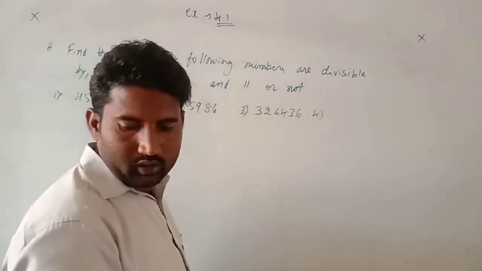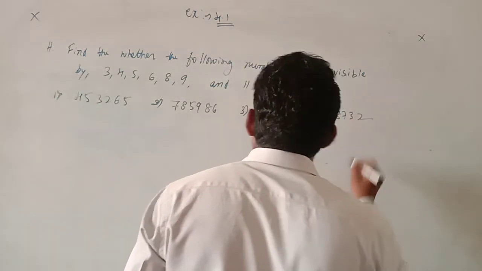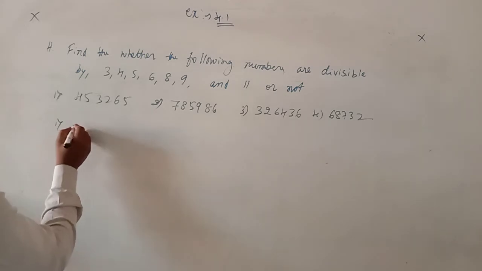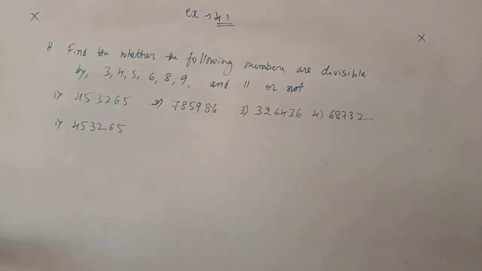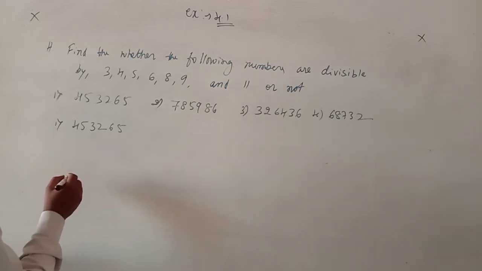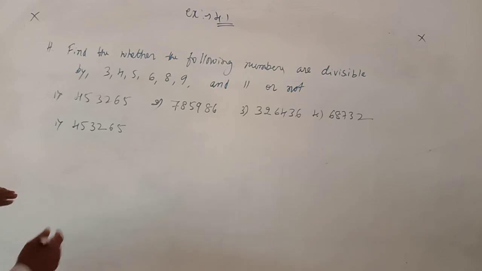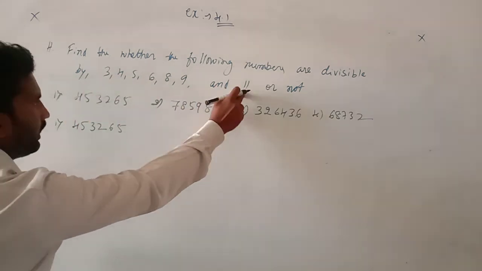Fourth one 68732. So I am telling the first one, that is 453265. I am checking by 3, by 4, by 5, by 6, by 8, by 9 and by 11.